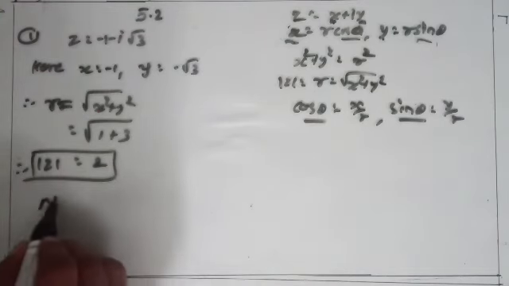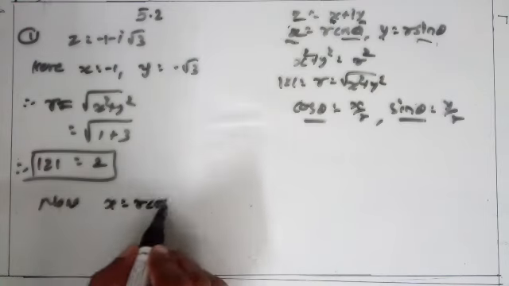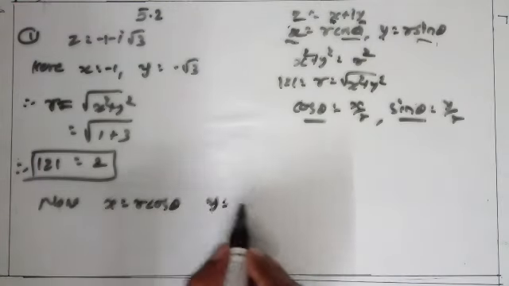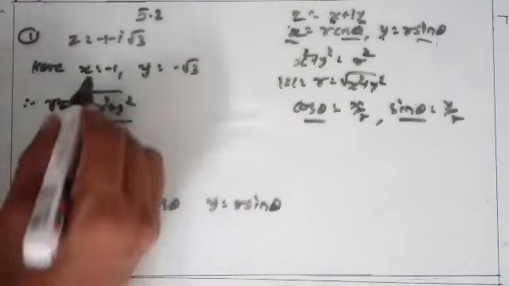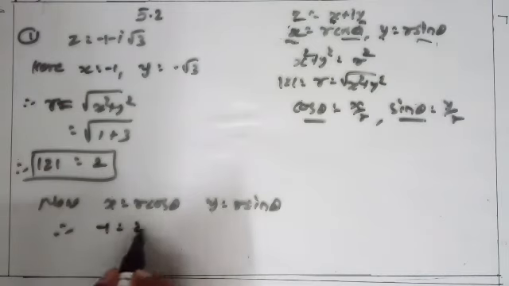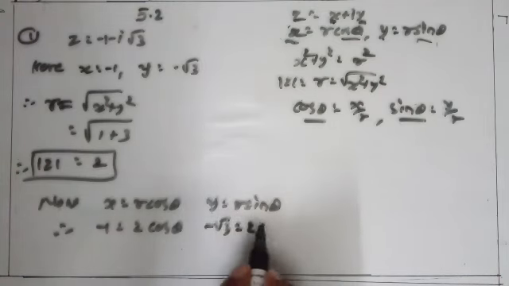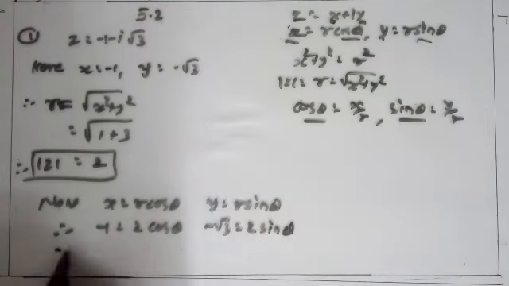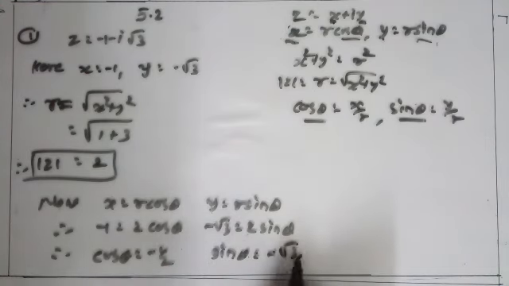Clear? Now, we know that x is equal to r cos theta and y is equal to r sin theta. Put here x is equal to -1, r is equal to 2 cos theta. Same for this, y is equal to minus root 3, r is equal to 2 sin theta. Clear? Therefore, cos theta is equal to -1 by 2 and sin theta is equal to minus root 3 by 2.